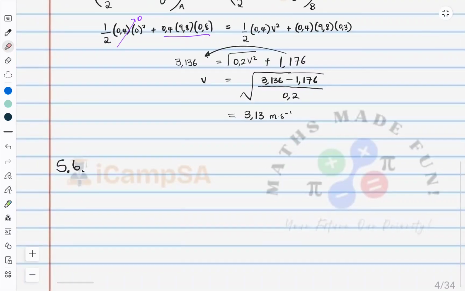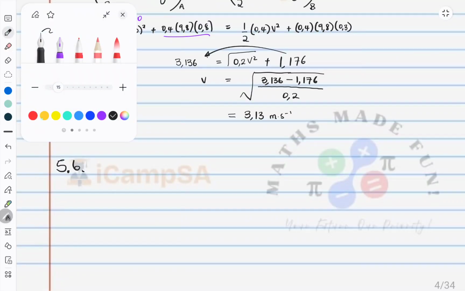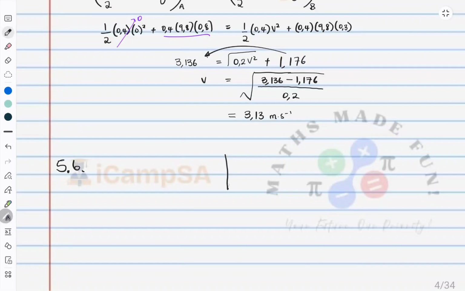So from points D to E, if you draw your block, the only force acting on it is our kinetic friction.